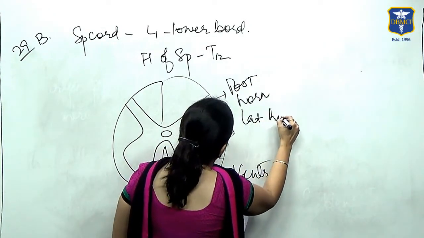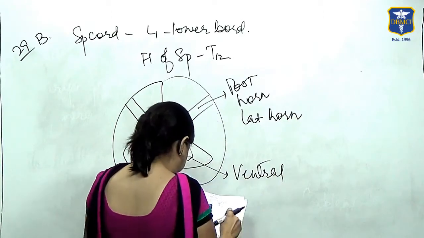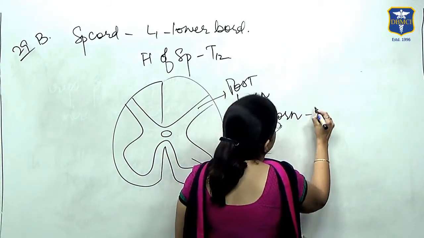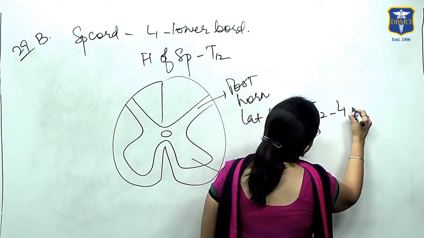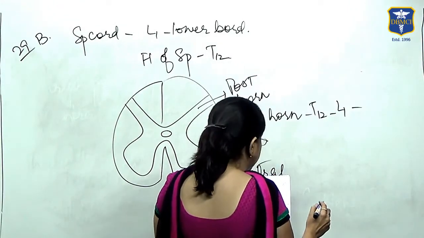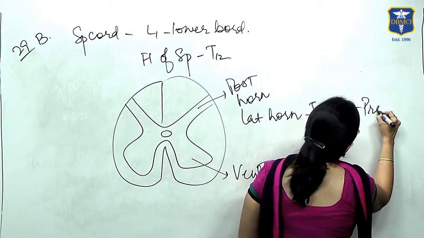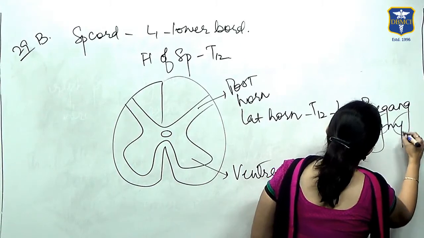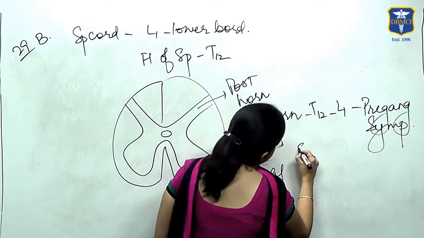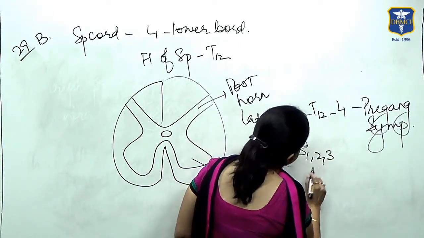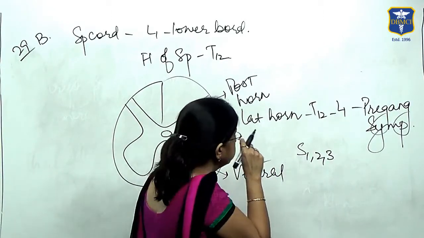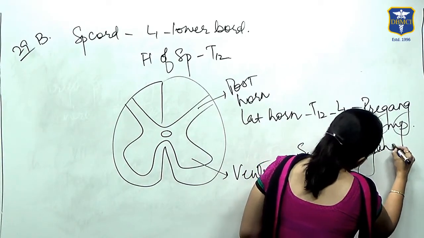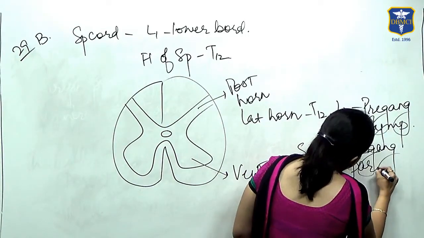The lateral horn is present in T12 to L1 segments, where it gives rise to preganglionic sympathetic fibers, and it is also present in S123, sacral 1-2-3 segments, where it gives rise to preganglionic parasympathetic fibers.